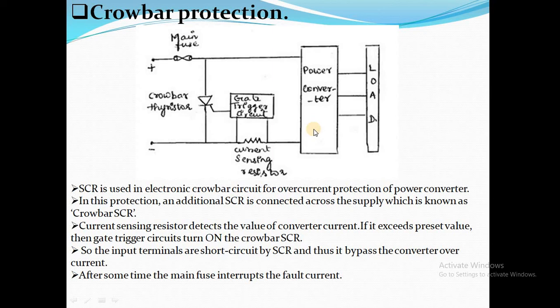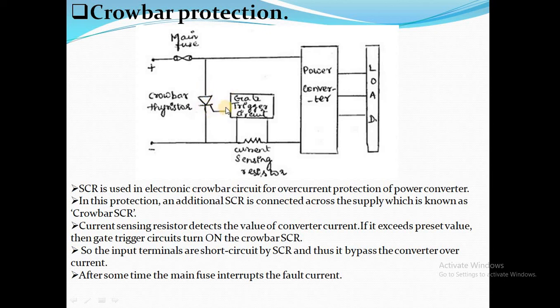So that extra 2 ampere will be sensed by this current sensing resistor, and when it senses the overcurrent, it sends the signal to the gate trigger circuit, and this gate trigger circuit turns on. When it turns on, it sends the signal to the gate of the crowbar thyristor.